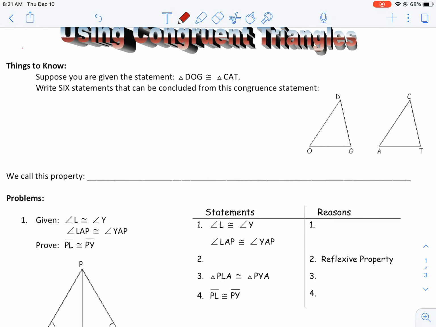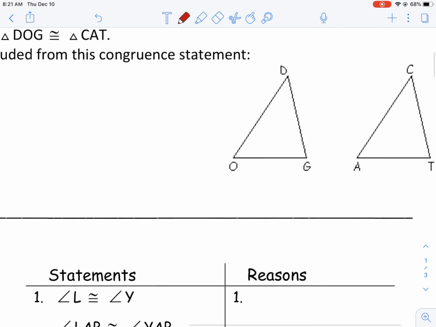Suppose you're given the statement, DOG is congruent to CAT. From that statement, we can write 6 other statements that can be concluded from it. The first thing that we can do is match up all the angles.